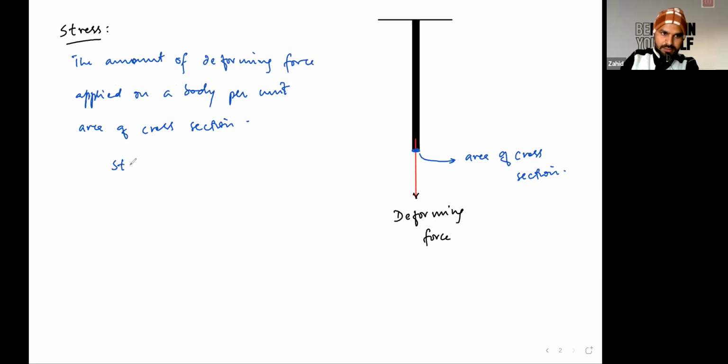So you may say stress equals deforming force divided by area of cross section.